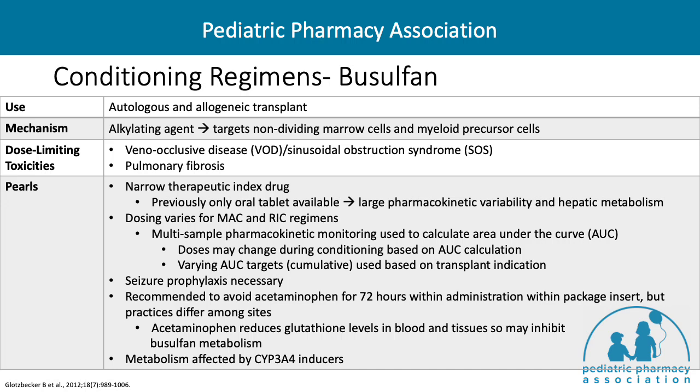Based on the goal cumulative AUC, which varies by center and also the intensity of the regimen, the dose may be adjusted across the days of busulfan administration within the conditioning regimen. So just wanted to reinforce that because of this, doses may change during the days a patient is receiving busulfan.